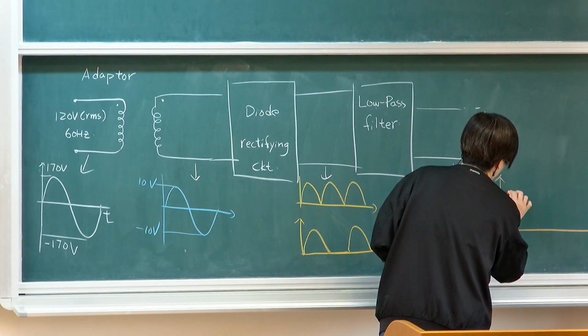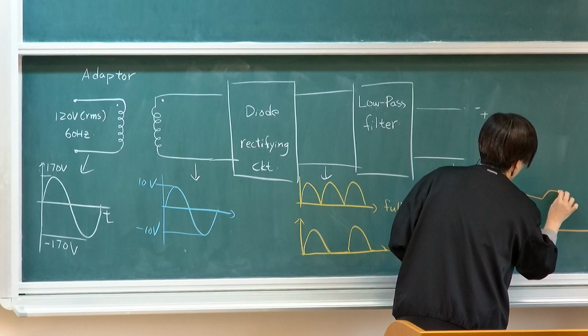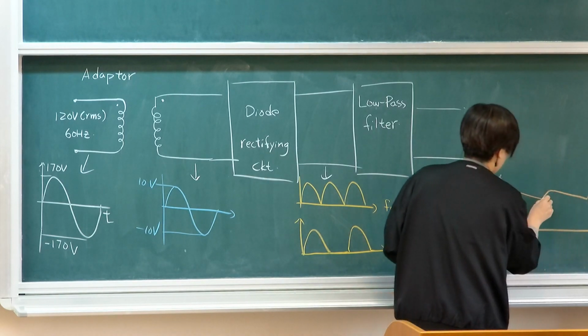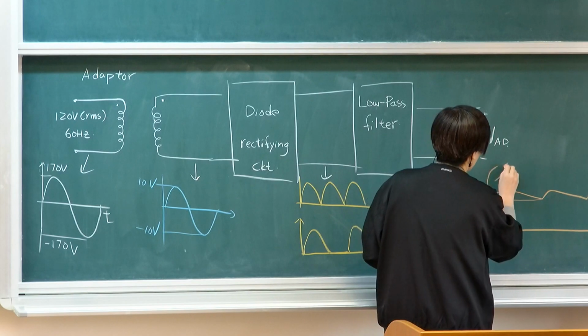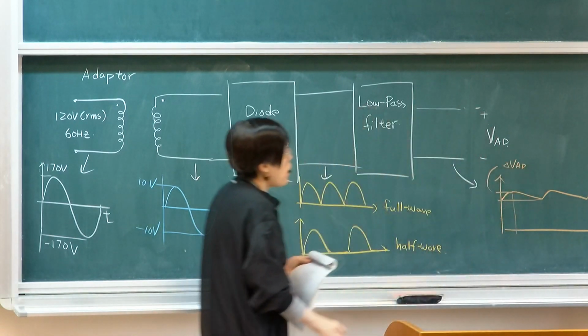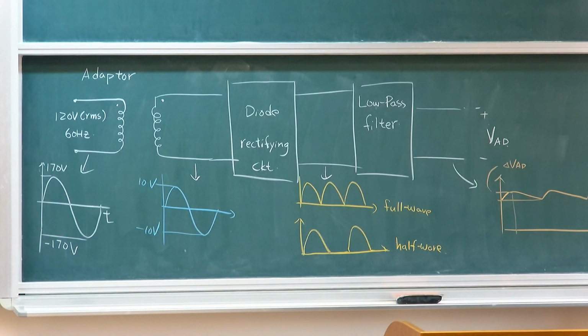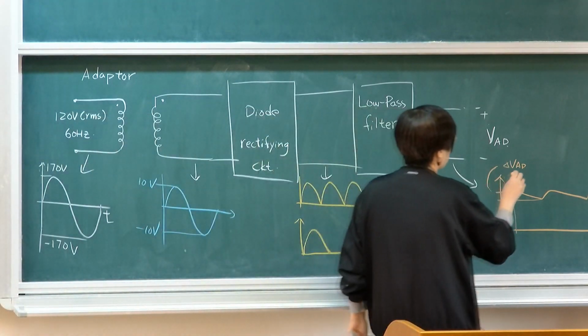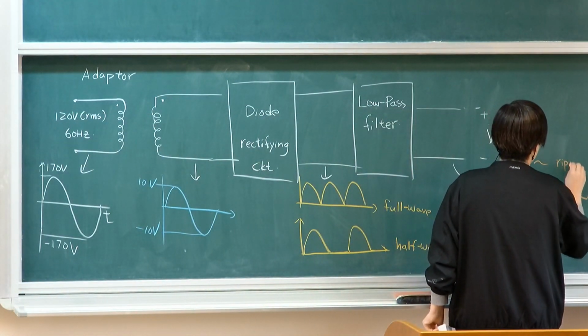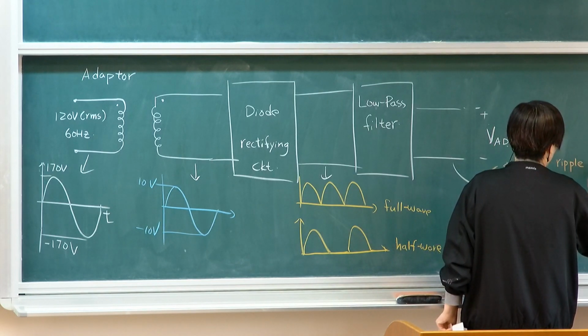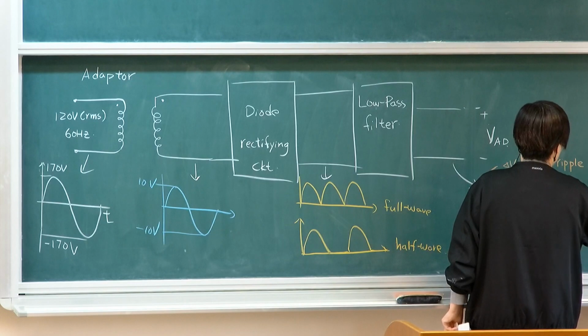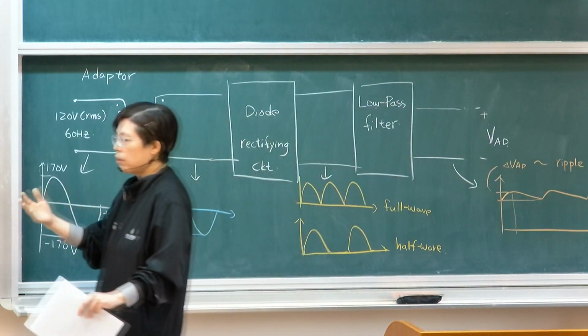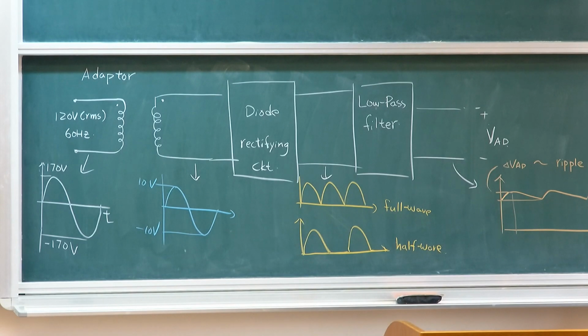You want it to be at a level, let's say if this is the cycle, the peak level, it drops a little bit, and then it goes like this. So this is actually the delta VAD we talked about. It might be targeted to a certain flat level, but is subject to small fluctuation. You want to make sure that this is as small as possible. This is typically referred to as the ripple voltage. You want to make sure that your ripple is tolerable for your regulator circuit so that it will give out a stable charging voltage.